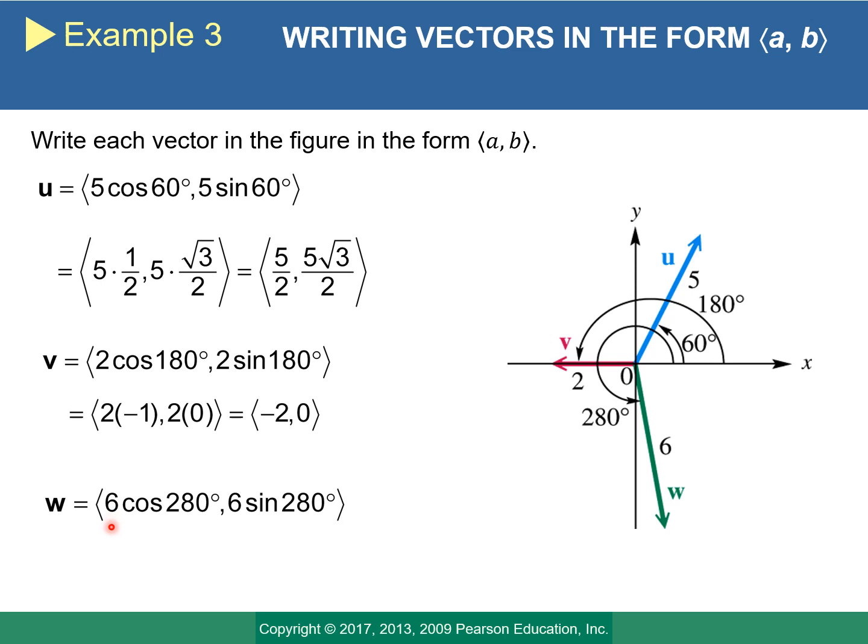Our horizontal component is our magnitude 6 times cosine 280 degrees, vertical 6 times sine 280 degrees, and 280 degrees is not one of our familiar angles from our unit circle, so we're going to have just an estimate on this one. If you use your calculator, you're going to get that this is about 1.0419, comma, negative 5.9088.